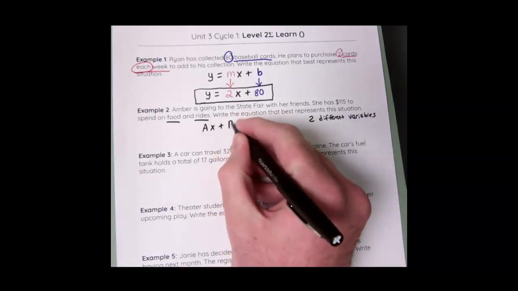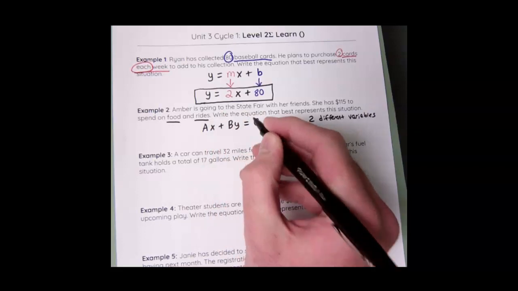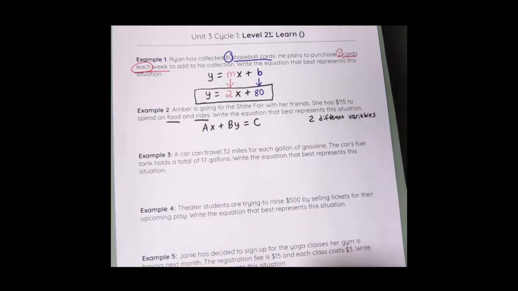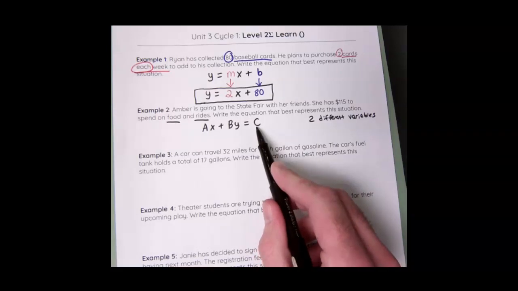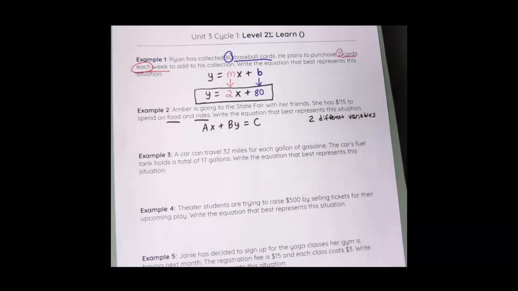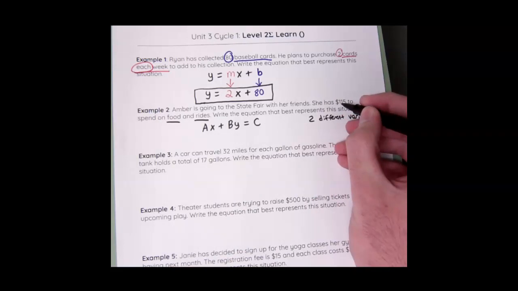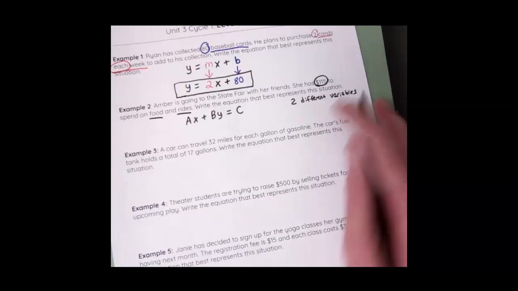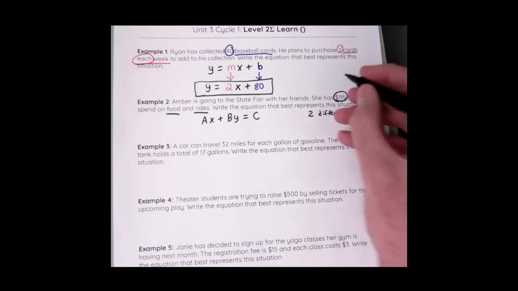So we need to write our equation in this form: ax plus by equals c. Now, c is going to be the total. So the total amount of money she has to spend is $115. That's her total. That's c.